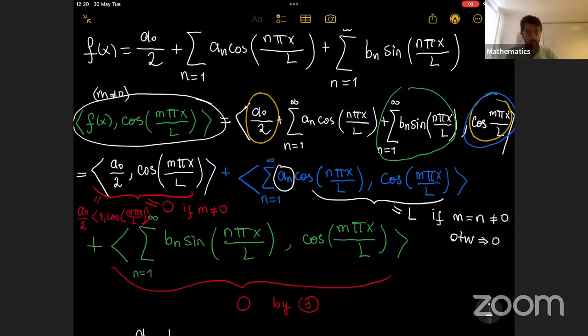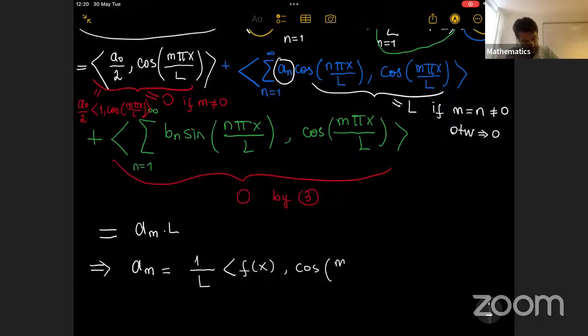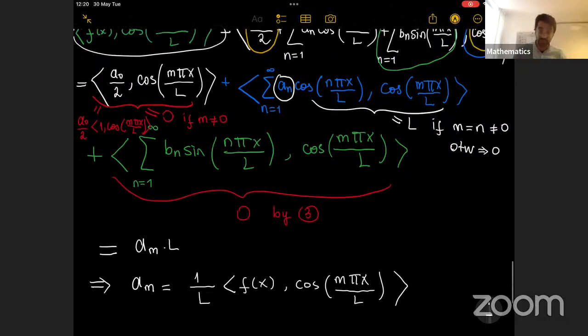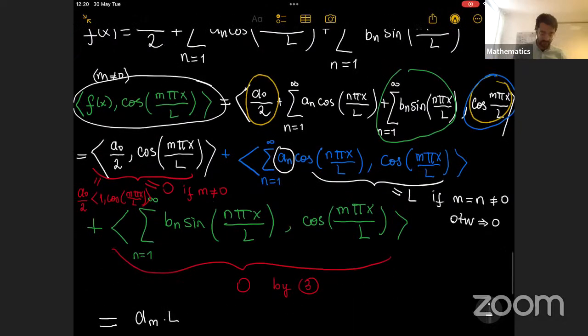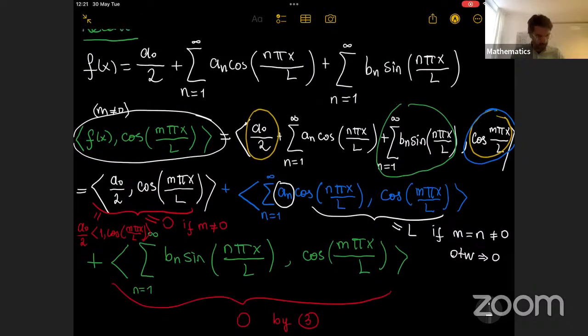So this tells you basically am is equal to 1 over L times the inner product of f of x with cosine m pi x over L. Here we assume that m is non-zero, but if m is zero, this is still true, because in that case, only the first inner product will show up, and the second and third inner products will be zero.